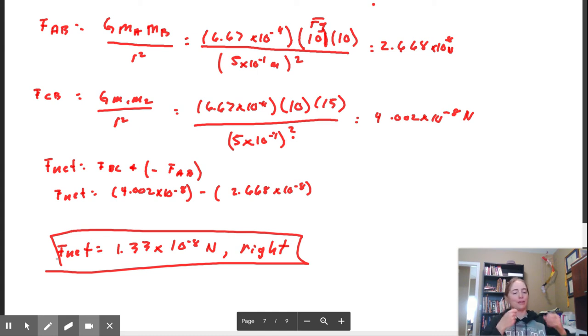Recognizing that because the gravitational forces are attractive, object C and object A are going to be pulling on object B. And making sure that you set up your F net equation in such a way that you will easily get your positive direction. And then you can just say to the right. If you have any questions with that, make sure you sign up on Google Meet. We'll go from there.